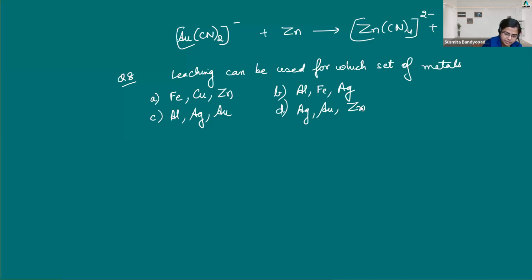Very good. Silver and gold by the cyanide process, and aluminium by Hall's, Bayer's and Serpek's processes. Very good. Which means I'm kind of satisfied.